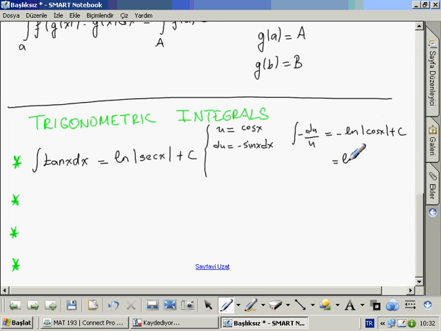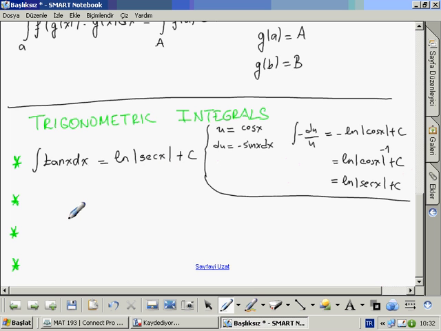That equals ln of absolute cosine x to the power of minus 1 plus c, because of the properties of the logarithm, and after that you can say it's equal to ln of secant x plus c.